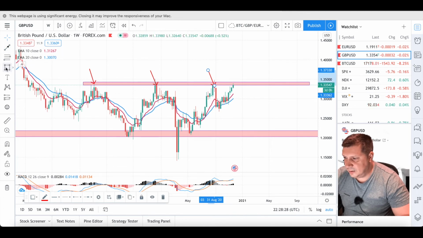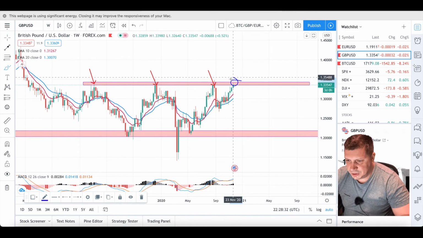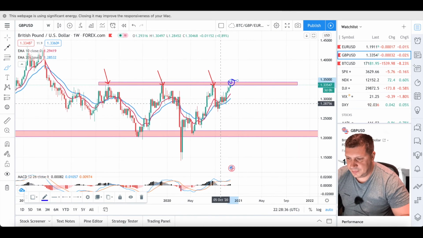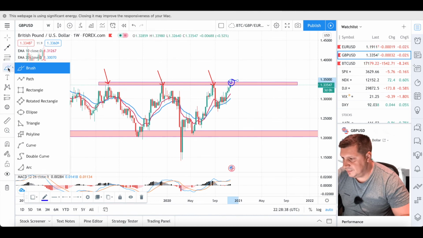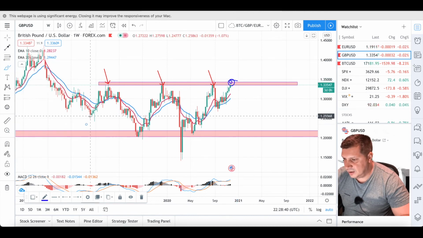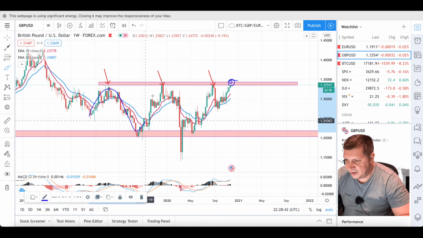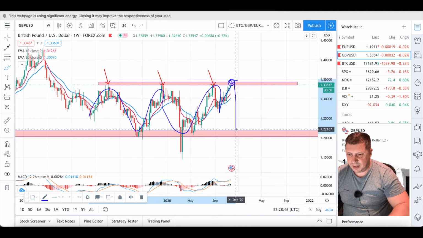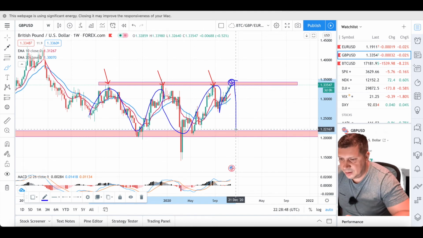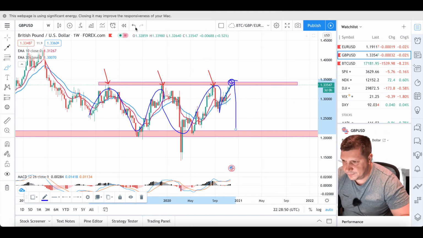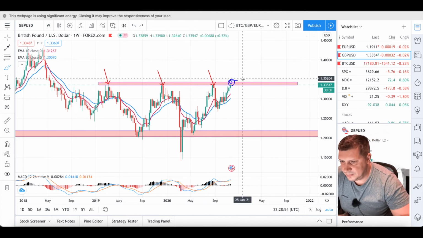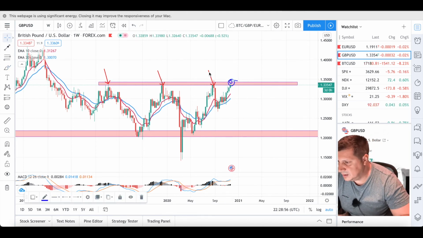And again, we're in this area now, which is basically the top of this corridor. And as you can see, the market moves in waves all the way right here, and it will most possibly go down. Let's delete this.